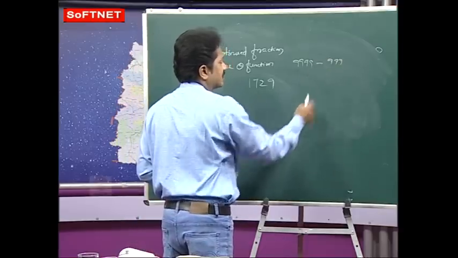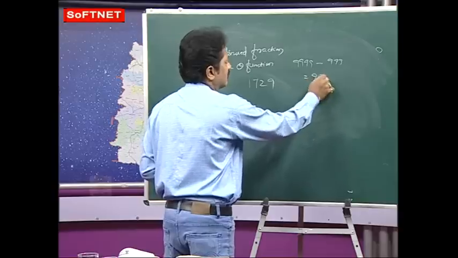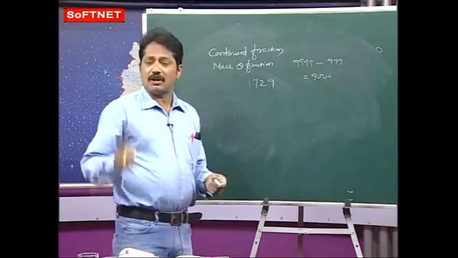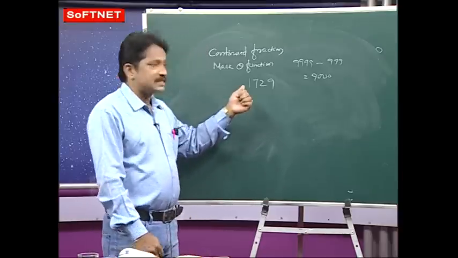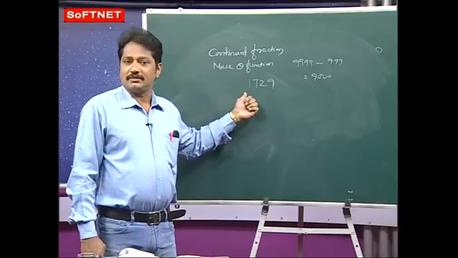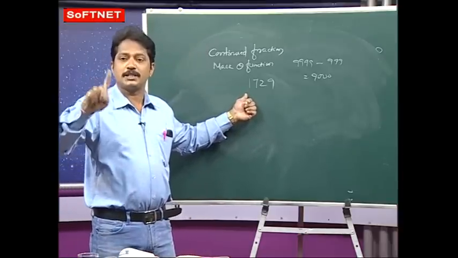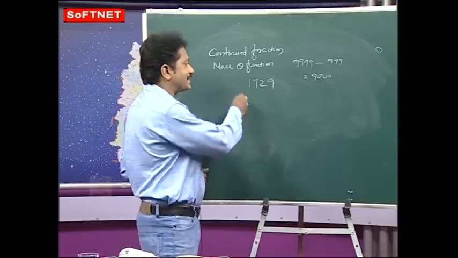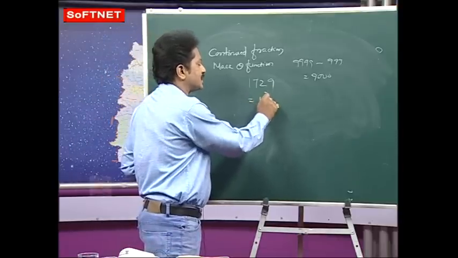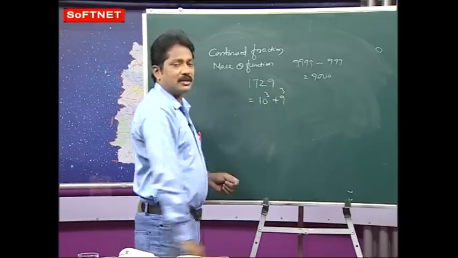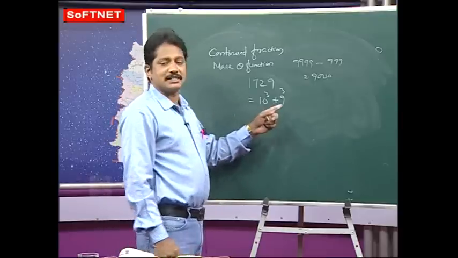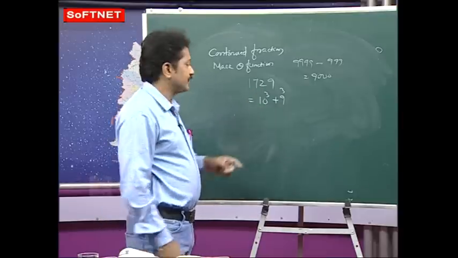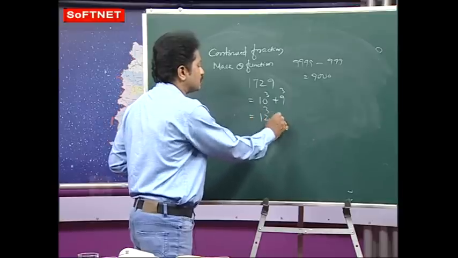The difference of these two is 9000, so there are 9,000 4-digit numbers. Among them, this is the smallest number which can be expressed as the sum of 2 cubes in 2 different ways. 1729 can be expressed as 10 cube plus 9 cube. 10 cube is 1000 and 9 cube is 729, so 1000 plus 729 is 1729, and also as 12 cube plus 1 cube.